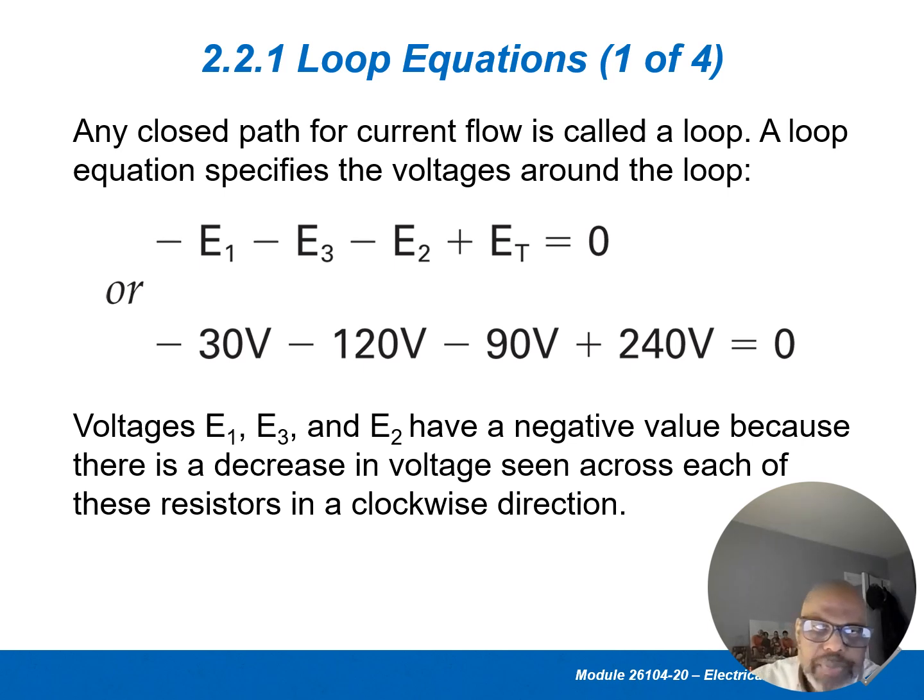A closed loop, open loop. Any closed path for current flow is called a loop. A loop equation simplifies the voltage around the loop. Again, we could take the power coming in, which is the total, and subtract each one of the branch lines, and it will always equal 0.